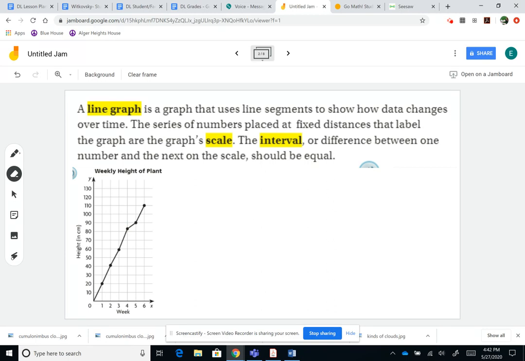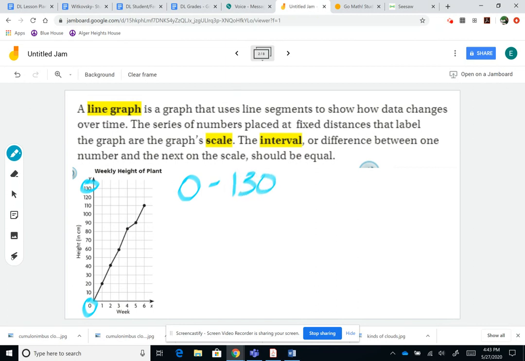So, a scale. The scale is going to be the distance between the axis and the top up here. So, this distance here. Now, for this particular graph, whoops, I didn't click the eraser, sorry. For this particular graph, it starts at 0 and it goes up to 130, okay?